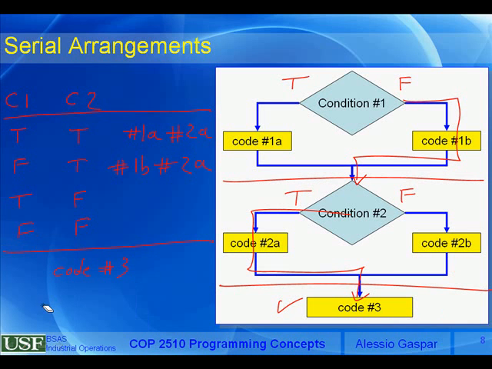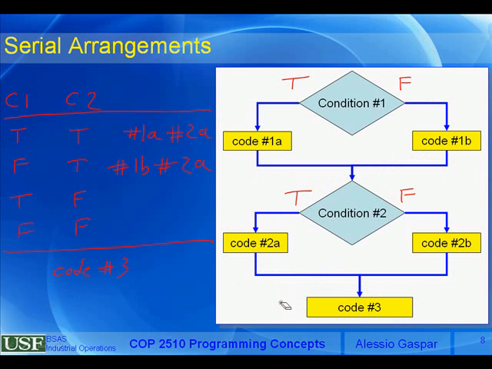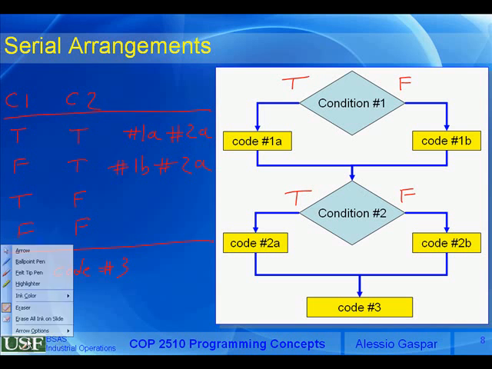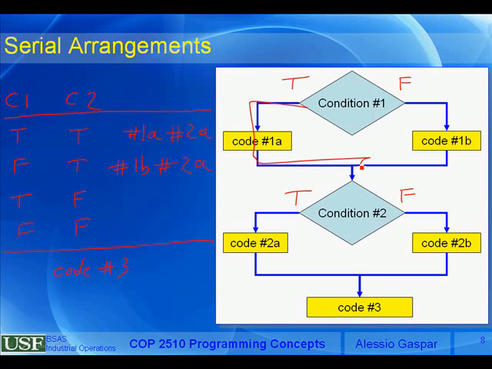I'm going to erase those marks once again, and we're going to move to the third one. The third one is going to assume my first condition to be true, that is execution of code 1A. And then my second condition is false, which means execution of code 2B.